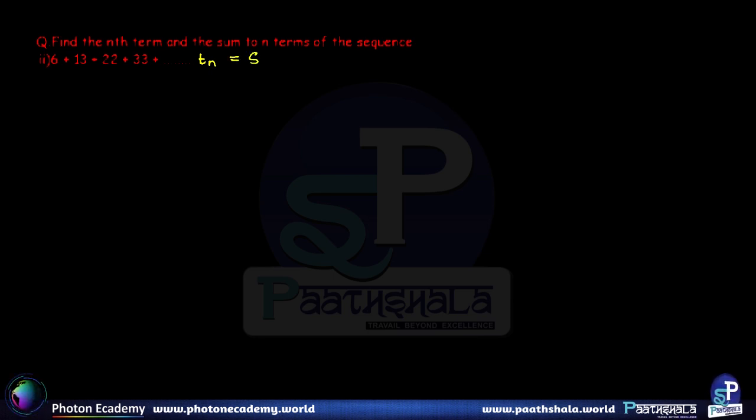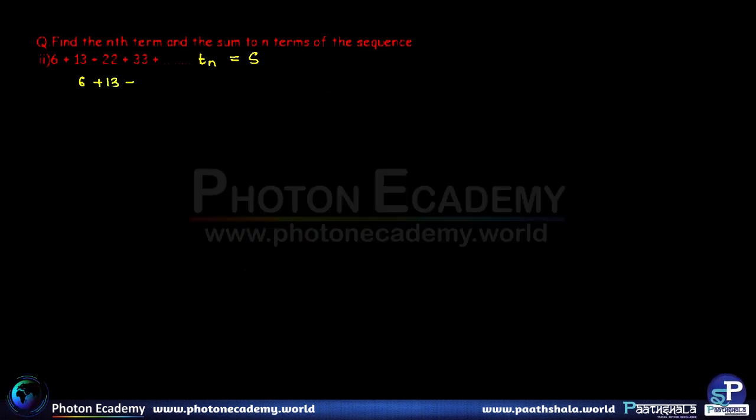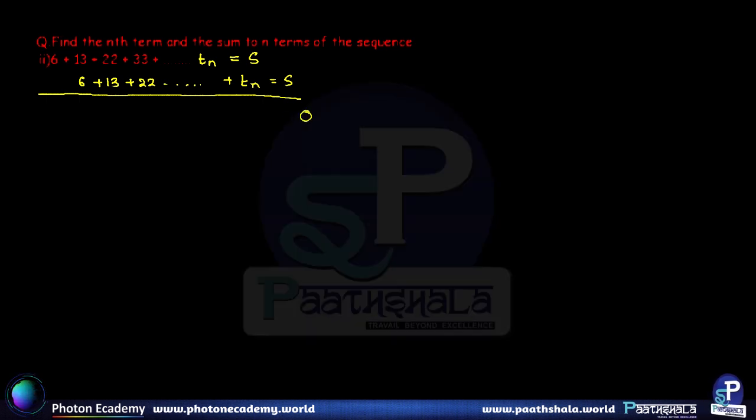Now to solve such problems, we write the whole thing again, but just one step down. So this will become 6 plus 13 plus 22, and then we are left with plus Tn is equal to S, and then subtract the two. So on this side we have 0 is equal to, so 6 will remain as it is.